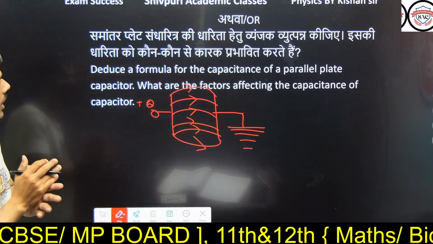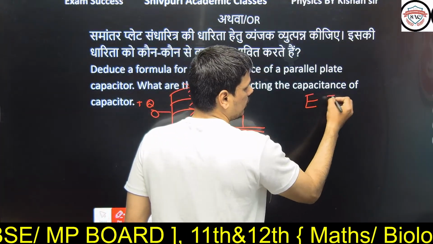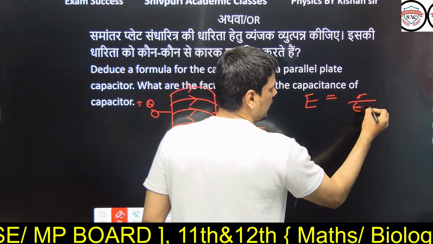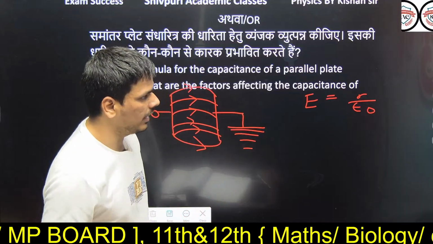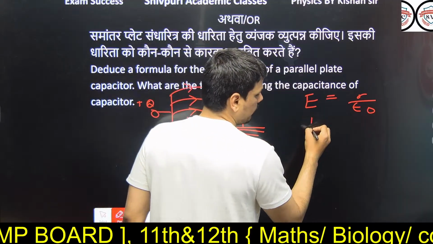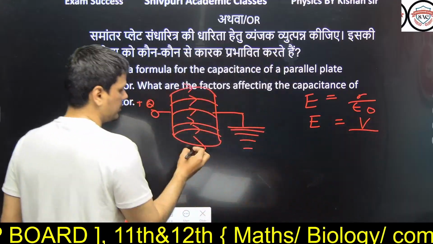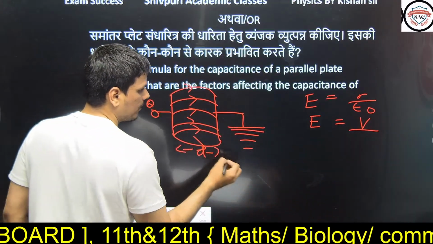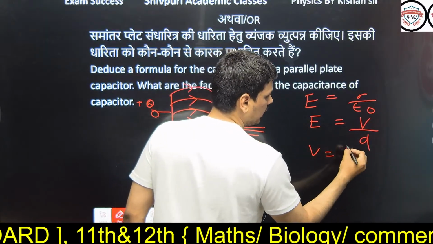For the parallel plate capacitor, we already know the electric field is sigma by epsilon naught. But by the relation of the electric field and the potential, we get E equals V by D, where the distance of separation between them is D. So V by D, so we will get V equals ED.